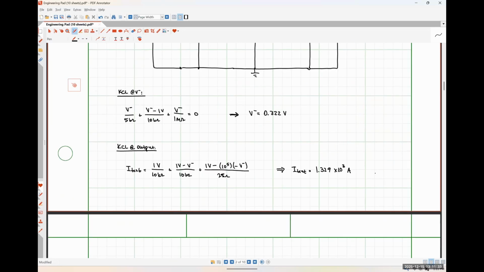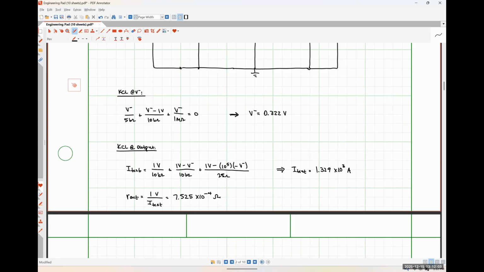So from this result, our output resistance, R out, is going to be once again 1 volt divided by I test, which comes out to be 7.525 times 10 to the minus 4 ohms.